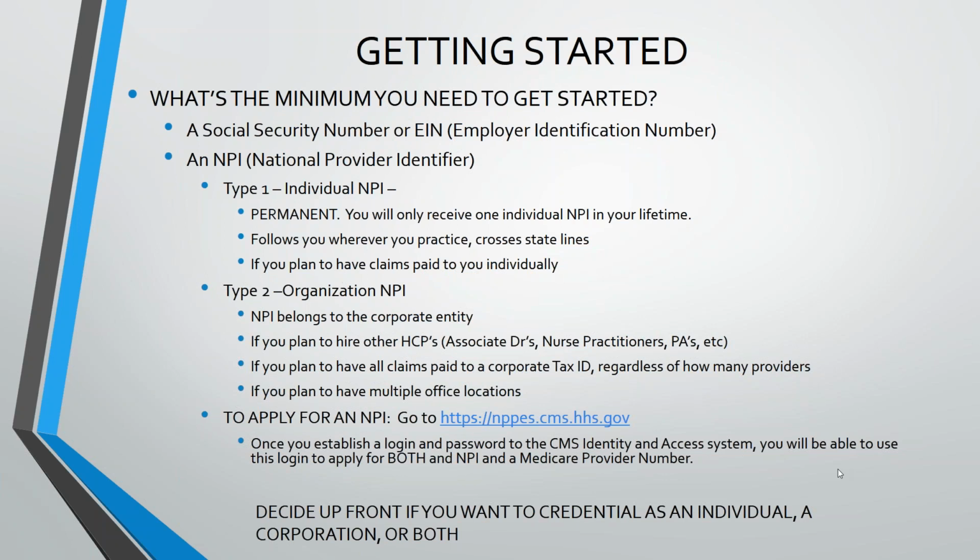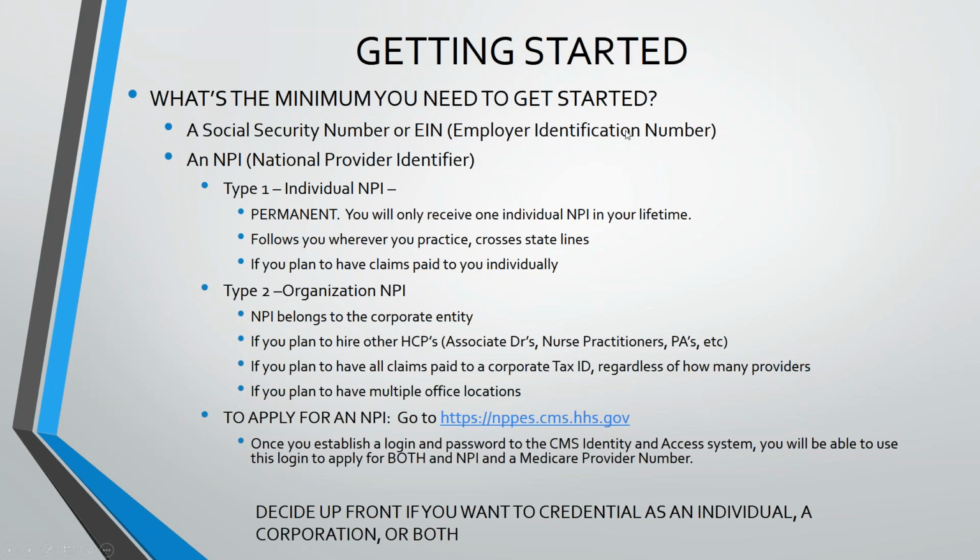We're going to talk about the bare minimum information you're going to need to have, and then we're going to also talk about some additional information that insurance carriers may ask you to provide. So minimum, you're going to need a social security number or an employer identification number, also known as a tax ID number.